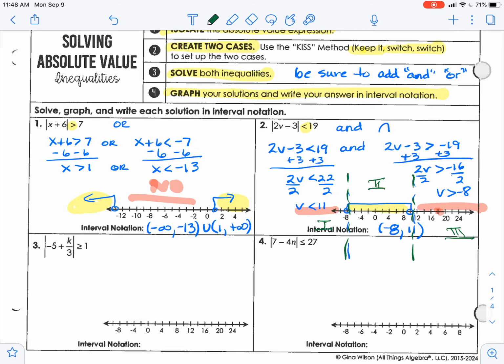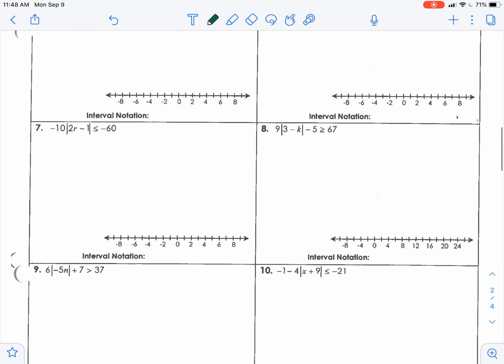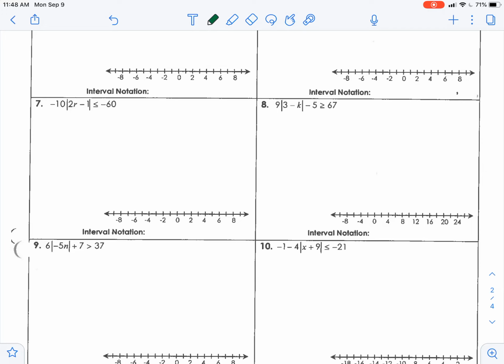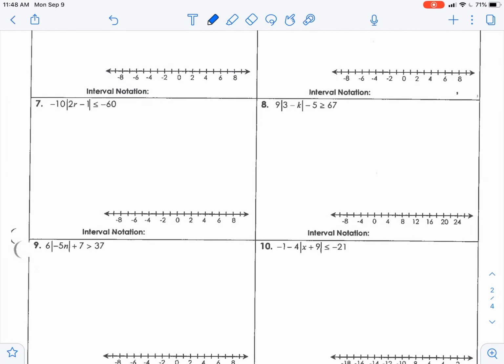Okay. I just want to do one more problem and then I'll be done. So I'm just going to skip on down to one of the harder ones and run through it real quick. Let's do number 8. Again, the first step is to isolate your absolute value. My absolute value is right here, so I'm going to isolate that piece of it.